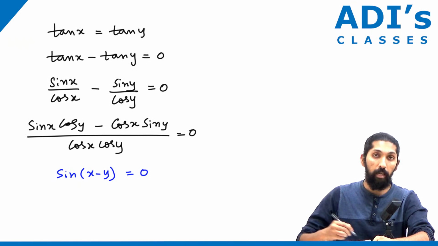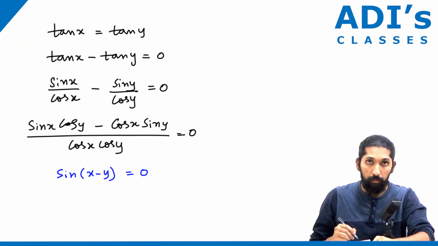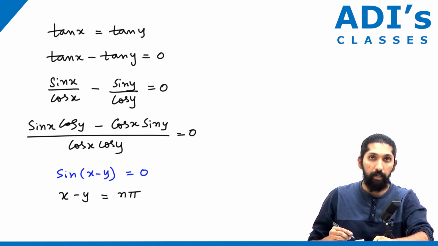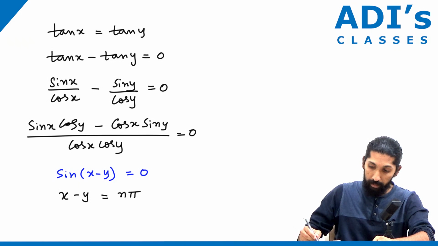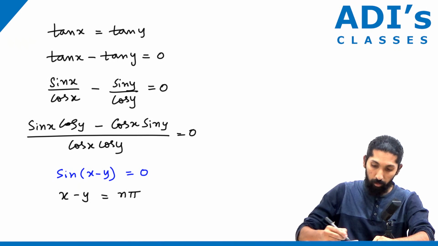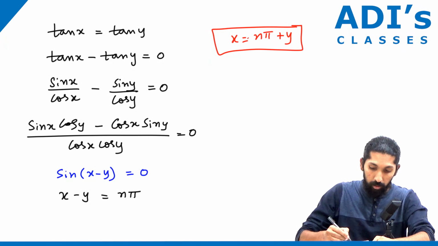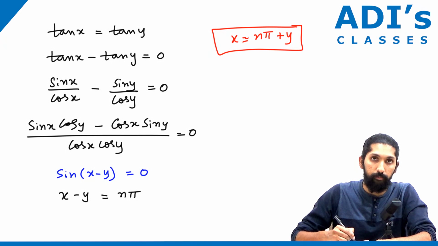So what we can say is sin of x minus y is 0, or we can say x minus y is equal to n pi. Correct? Or what do we get? You get x is equal to n pi plus y.